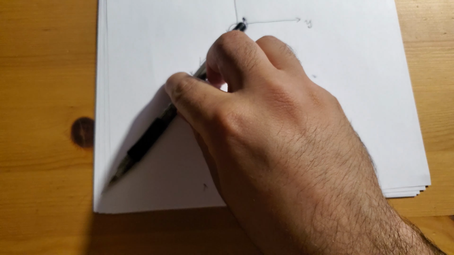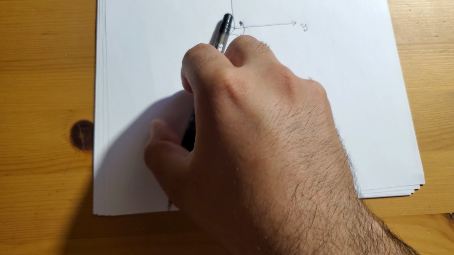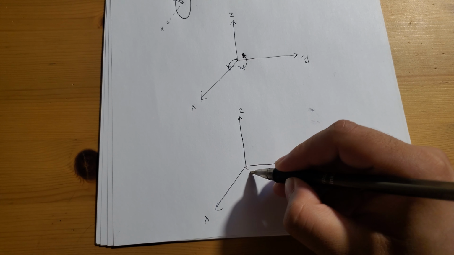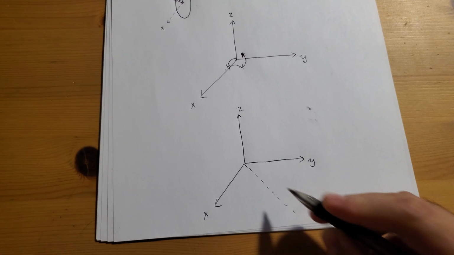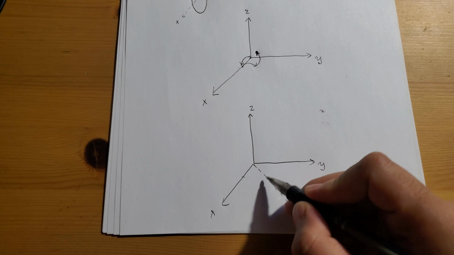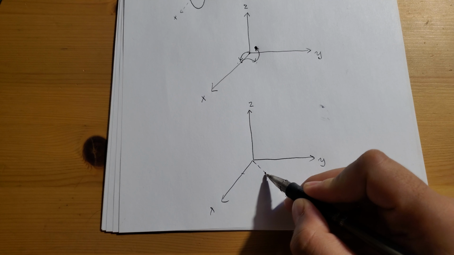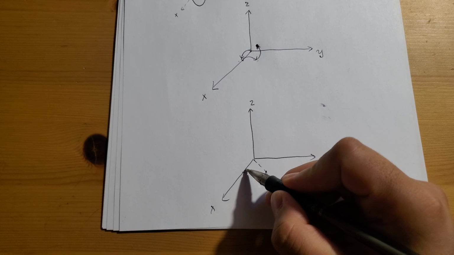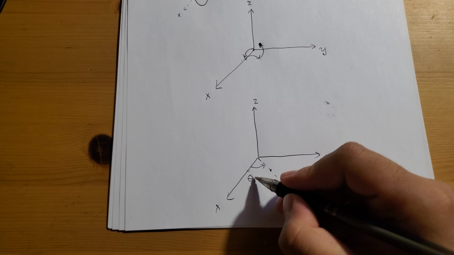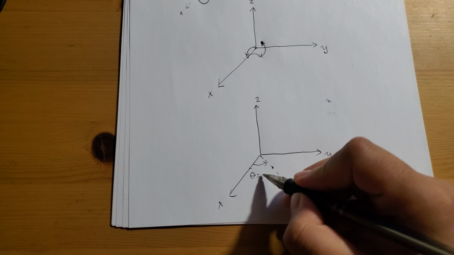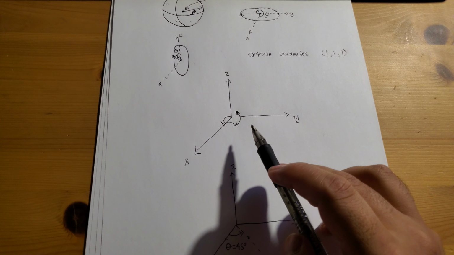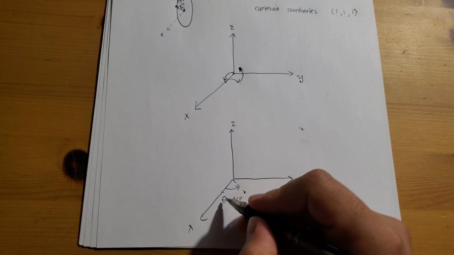So we're rotating 45 degrees. We know we're facing this way in the xy plane because our point 1 and 1 in the x and the y will take us over here. That rotation we will call phi, and that is equal to 45 degrees. Sorry, that's actually our phi, I'll change that.